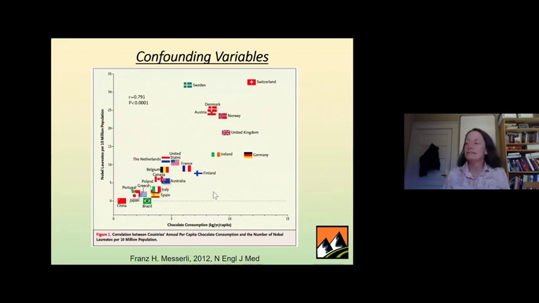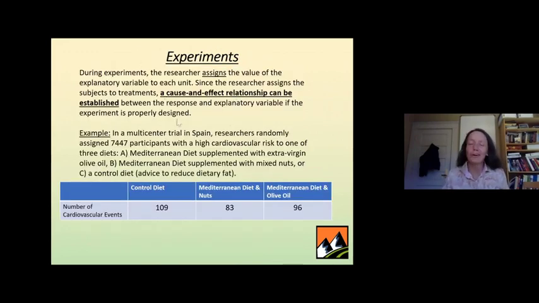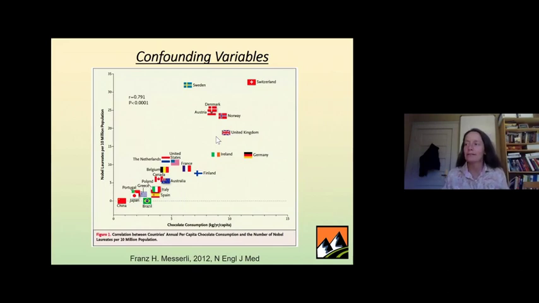The whole reason why we care about an experiment is because of confounding variables. So here's a great fun example someone put together for a bunch of different countries. Now we get to put our scatter plot knowledge to use.